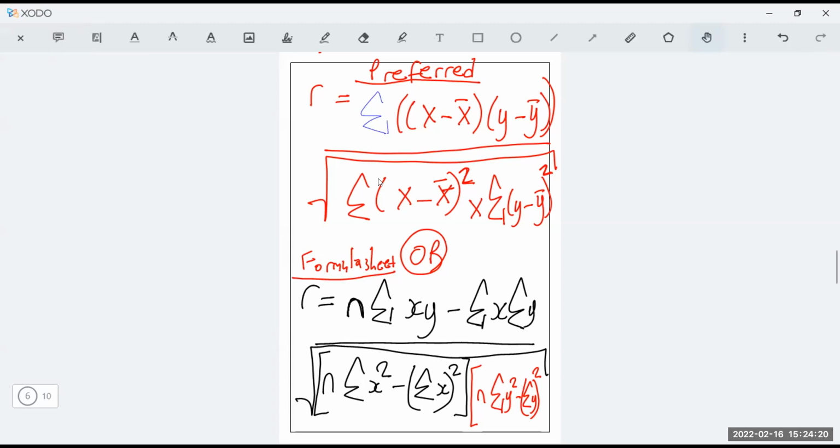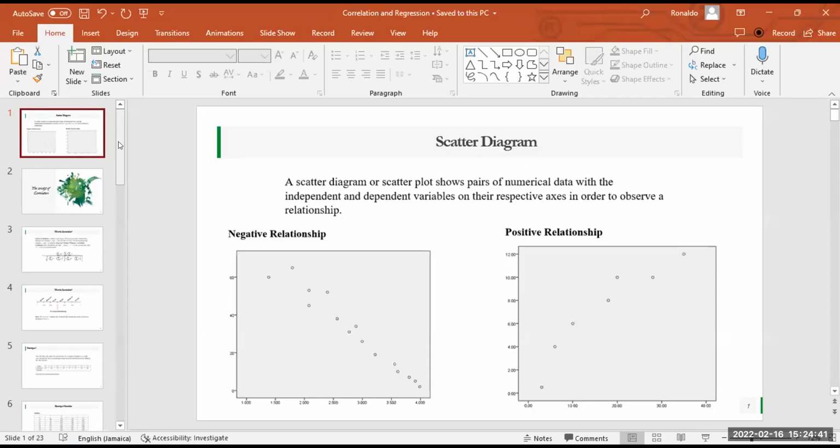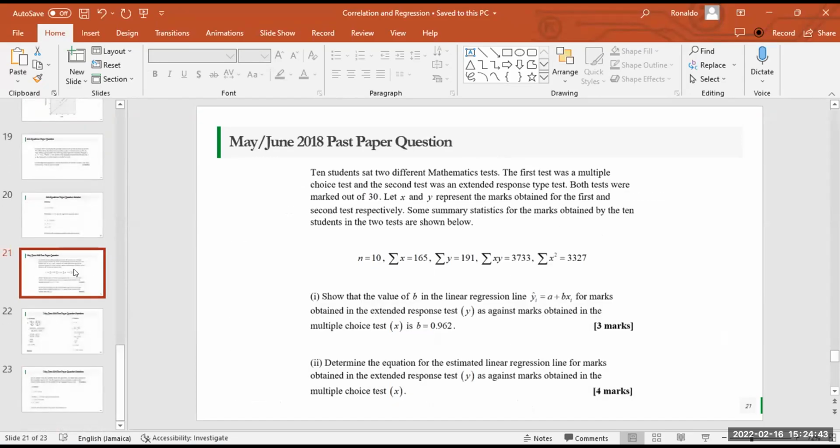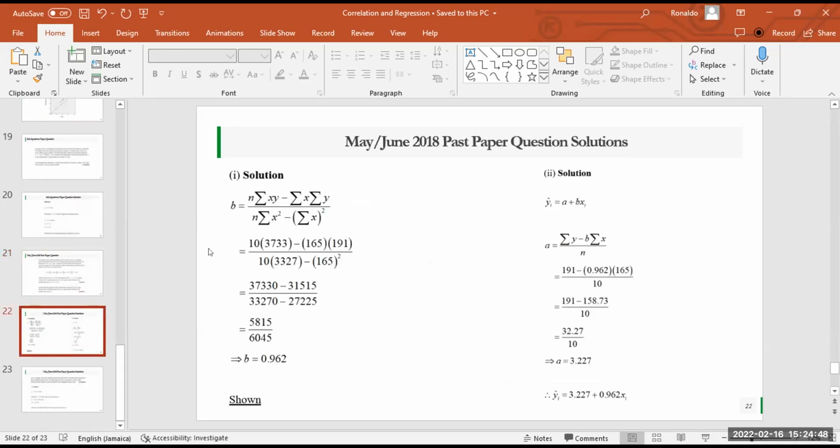All right. So of course, we're going to do it 2 ways, and you can tell me which way you prefer. You can choose the way you want to do it in your SBA. For example, in the notes, a question like this from 2018, you can use this formula.